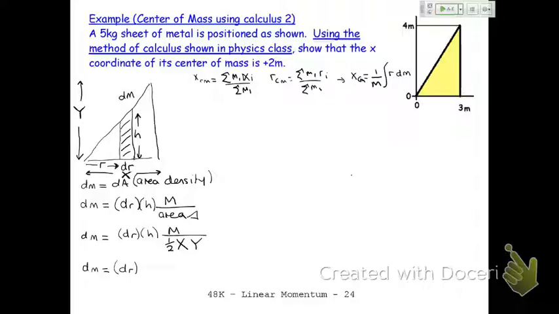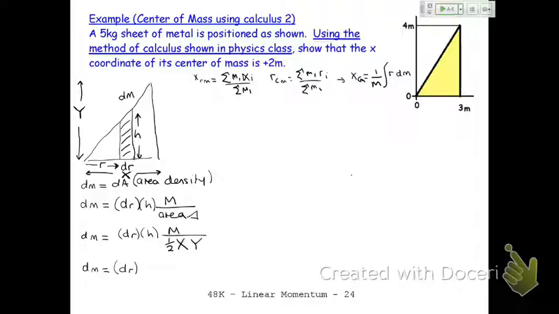And the area density is the total mass over the total area. Okay? So then the next thing I have is I want to find an expression that expresses h in terms of r. Because h is not a constant, and the only variable I can have is an r variable.